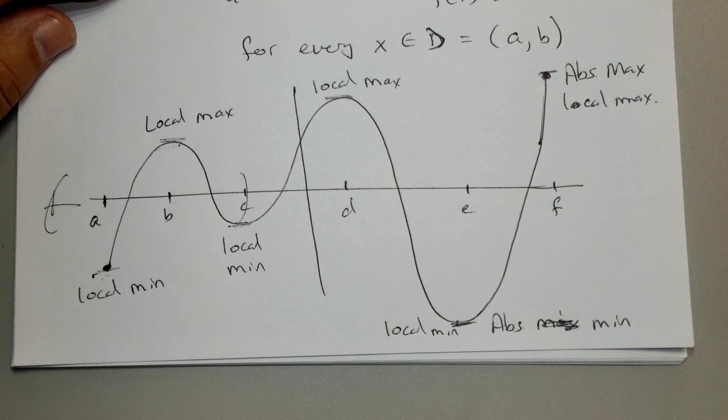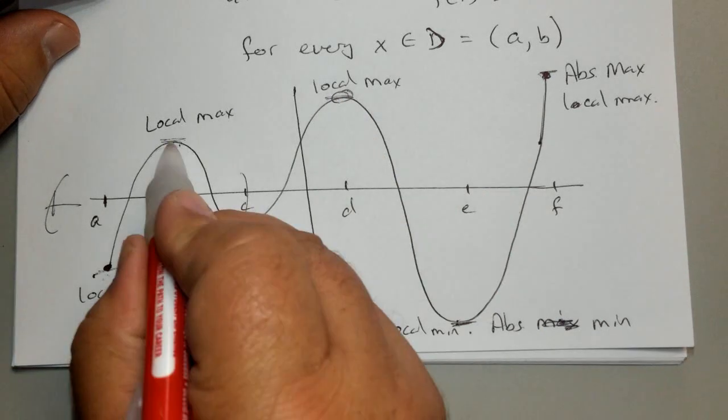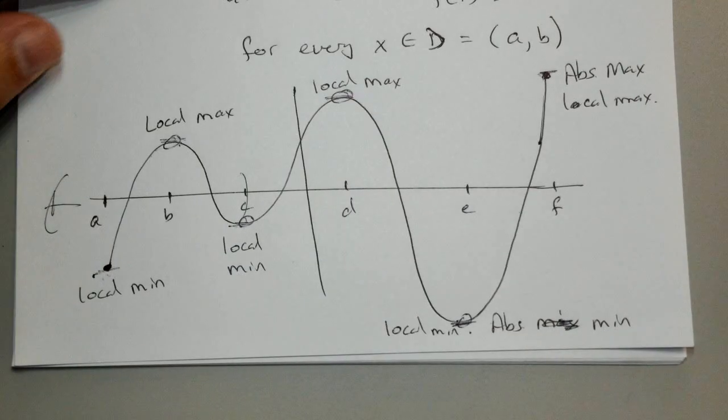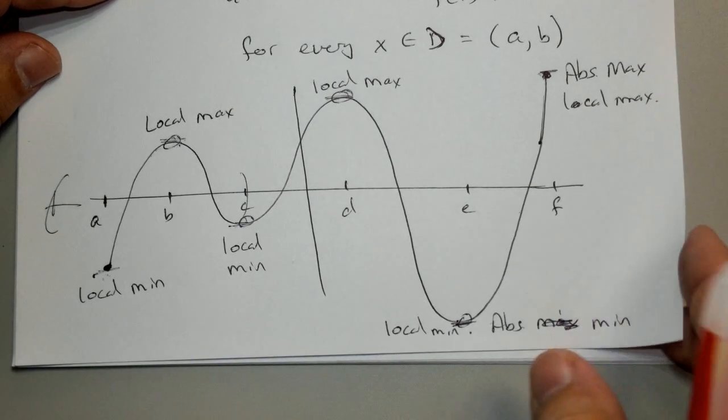So if I asked you to list the number of local maximums and minimums, you would have to include the absolute values as well. Also good? So you notice that we're focusing on the vertices and the endpoints. That's going to be a clue for things to come.